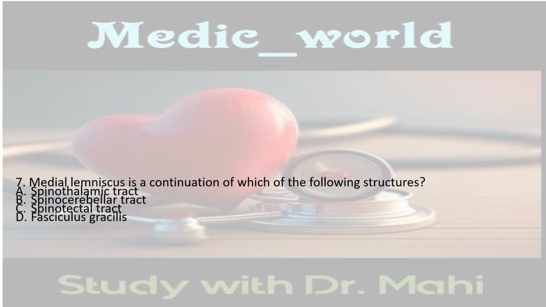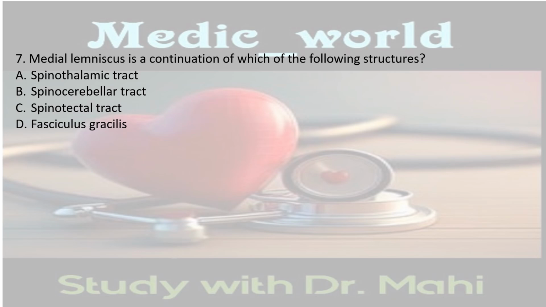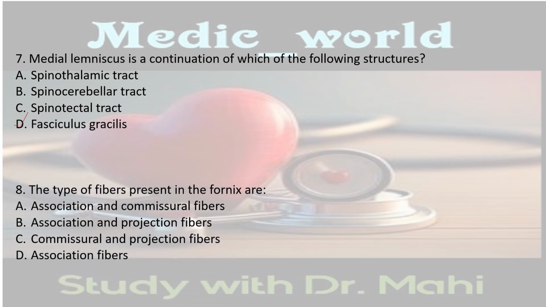Now the next question. Medial lemniscus is a continuation of which of the following structures? Medial lemniscus is the continuation of fasciculus gracilis. So the answer is option D, that is fasciculus gracilis. Now the next question. The type of fibers present in the fornix are.